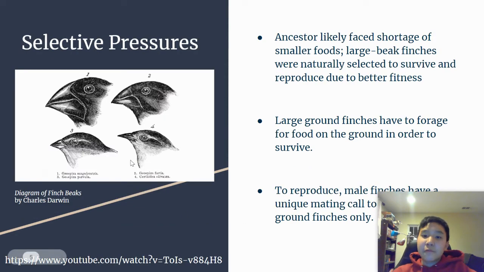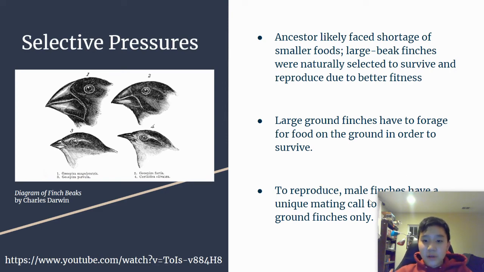And some selective pressures that the large ground finch faces are actually one that was a long time ago. Its ancestors likely faced a shortage of smaller foods and a surplus of larger foods. As a result of this, large beak finches were naturally selected to survive and reproduce due to better fitness.